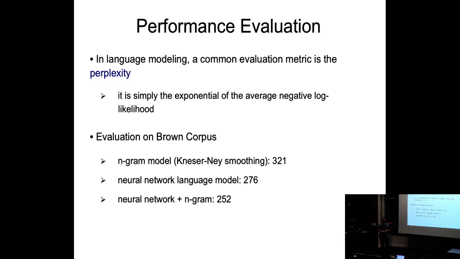Yes? If one particular word has two very different meanings? Yeah, if one word has two very different meanings, then you're kind of screwed, basically. There are some extensions to these models where you have different embeddings depending on the context. There is a word like bank, for example.